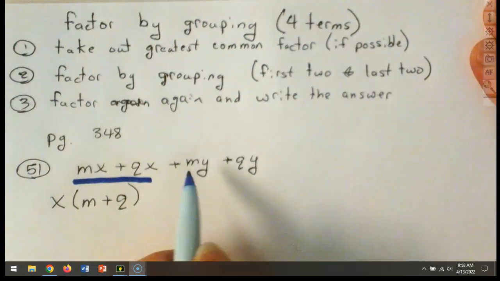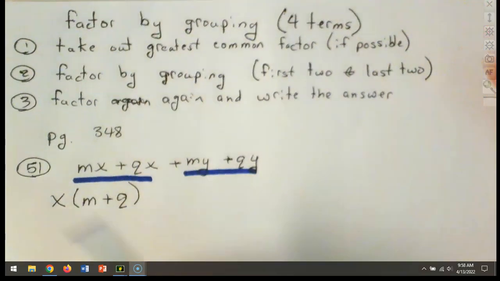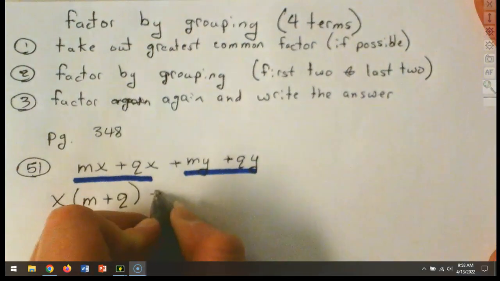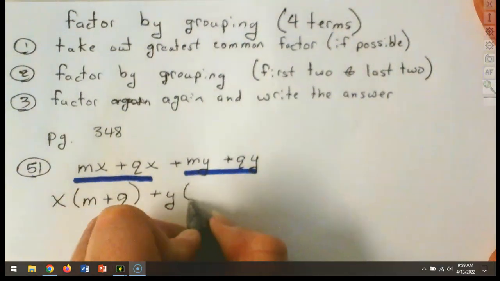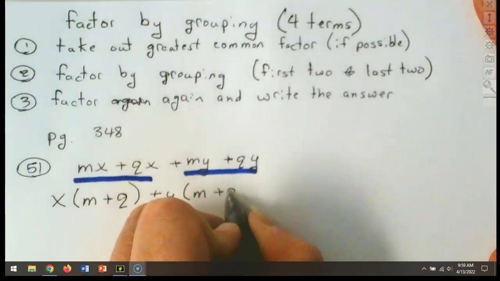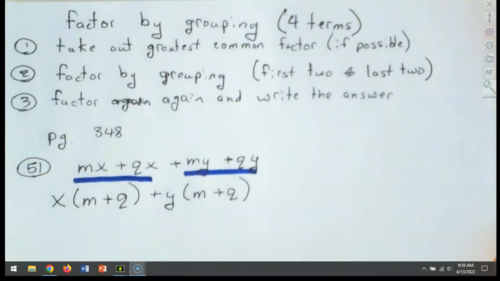Now we do the same with the last 2 pieces. So what can come out of the last 2 pieces? A Y can come out. And that leaves me with an M plus Q. Now, what we just did a minute ago was we factored out those groupings, right? The parentheses.